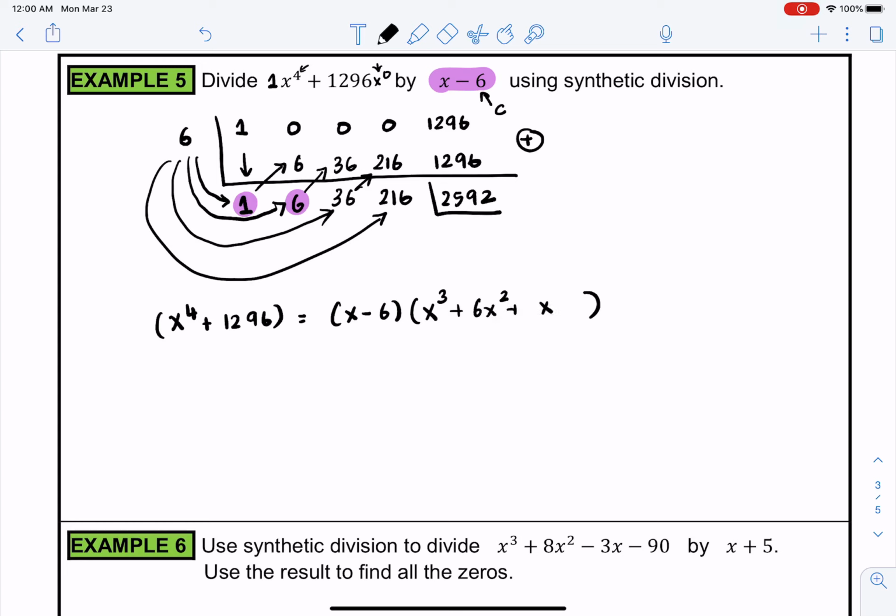The coefficient of x is 36. And lastly, we have 216, which is a constant term. Do not forget the remainder. The remainder is 2592.